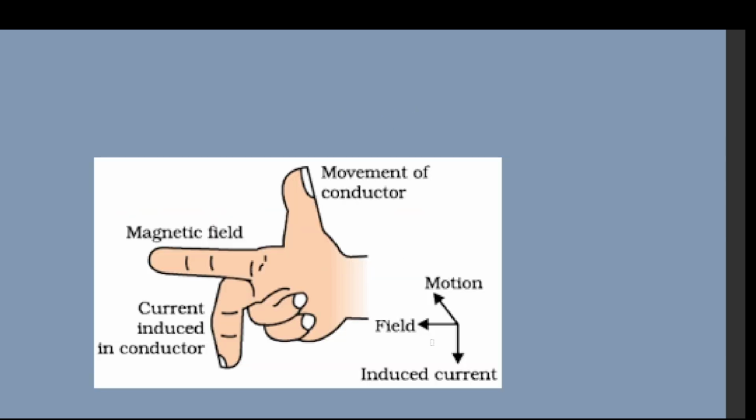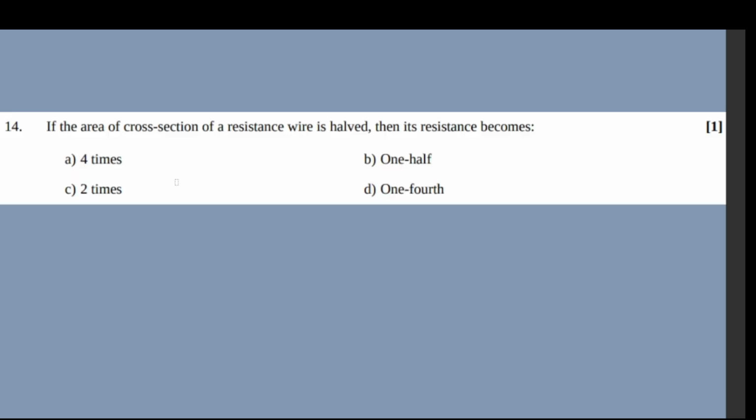So this is your diagram. This is the induced current, the magnetic field, and the motion. So the magnetic field is there, the movement of conductor, and the induced current. If the area of cross section of a resistor is halved, then the resistance becomes... so you may look at it like this.